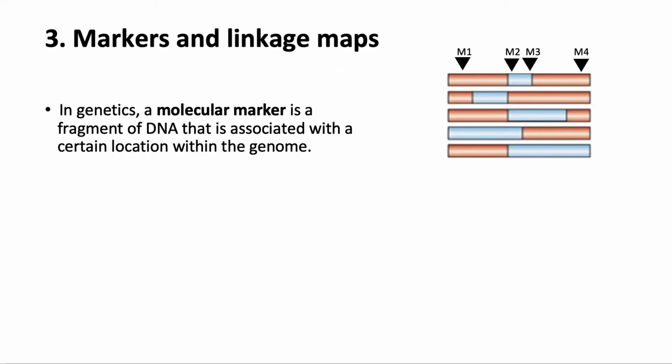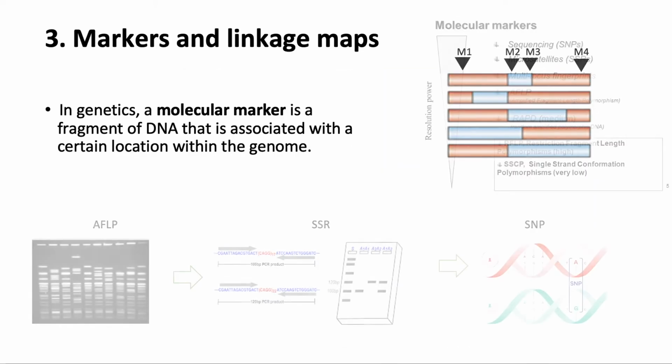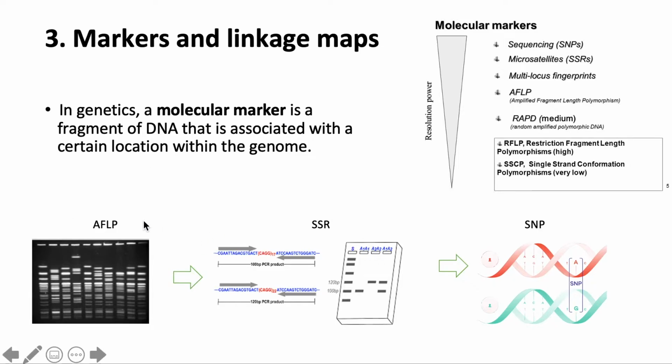We can use different kinds of molecular markers. The most popular, at least in the last 10 years, have been AFLPs, SSRs, and SNPs. The difference between them is that for AFLPs we didn't need to know the sequence of the genomes; we just use restriction enzymes to cut the DNA and identify the variations between the samples.